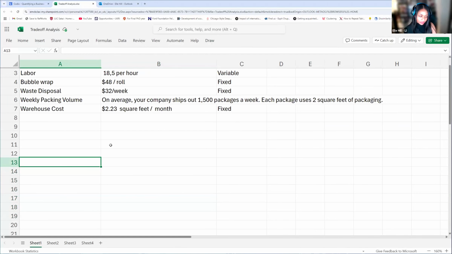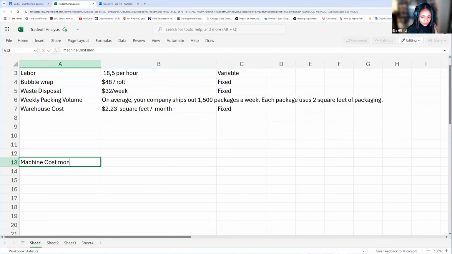So first, let's calculate how much the machine is going to take up per month. We know the machine is 25 square feet. So it's telling us the machine is 25 square feet. So the machine cost, this is monthly.